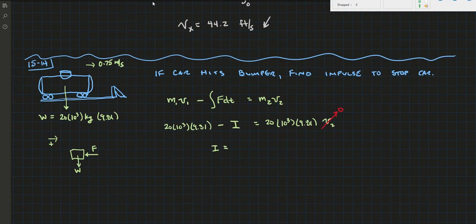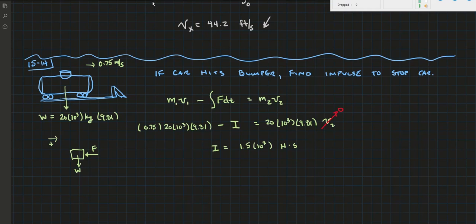So now I can say impulse equals 20 times 10 to the third times, we're missing our velocity term here, 0.75 meters per second. This should then equal something like 1.5 times 10 to the third newton seconds.